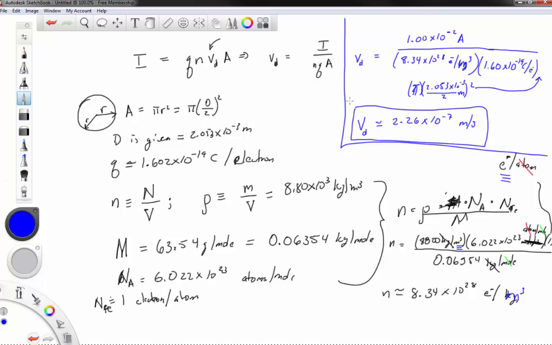But it's because there are so many electrons being contributed to all of this that we are able to do it this way. So you can have a very small drift speed, but because there are a large number of electrons, even compared to the charge itself, you end up with a pretty large, as a result, current. 1 amp is a fairly large current, by the way.